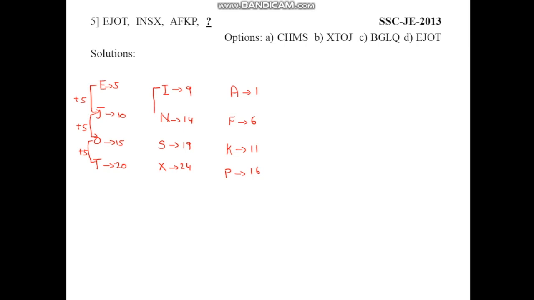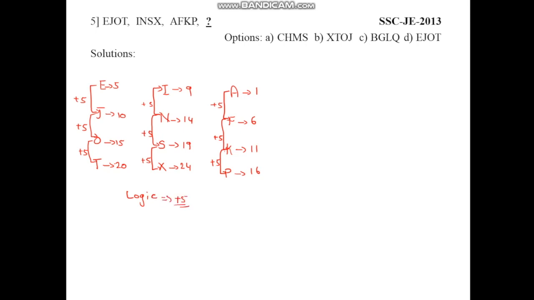Here also the same, 14 minus 9 is +5, N to S also +5, 19 to 24 also +5, again A to F, 6 minus 1 is +5, 11 minus 6 is +5, again 16 minus 11 is also +5. So the logic is +5.